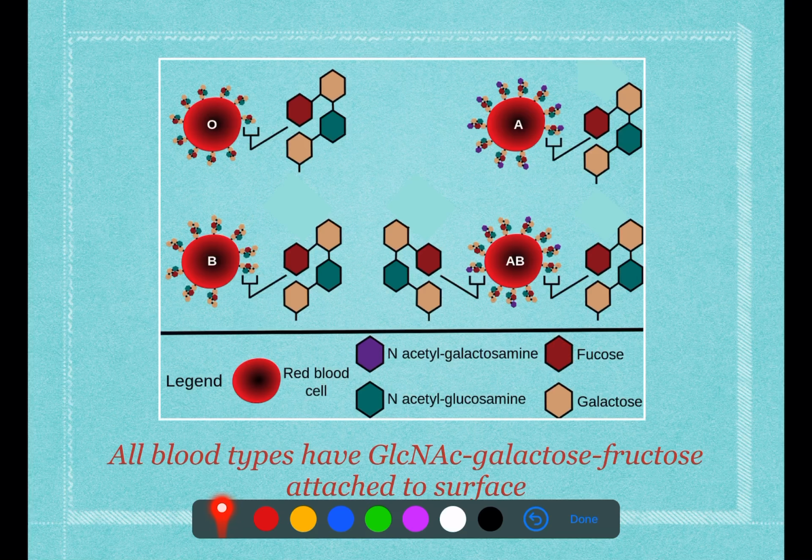Every blood type has this fucose, that's not a typo, it's not fructose, fucose monosaccharide, and then attached to that is a galactose, which is right here in the beige, and then attached to that is N-acetylglucosamine, which is oftentimes abbreviated GlcNAc, so this guy right here, because N-acetylglucosamine is big. So we have an N-acetylglucosamine, and then next up we have another galactose. And so all of our blood types have that same pattern of 4 carbohydrates.